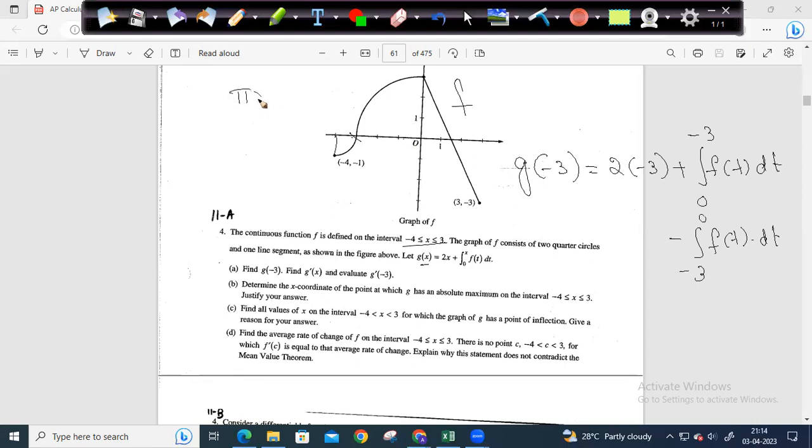So pi r square by 4, 9 pi by 4 is this area. So -6 minus this, everything is 9 pi by 4, area under the curve. So your answer should be g of -3 value is -6 minus 9 pi by 4.